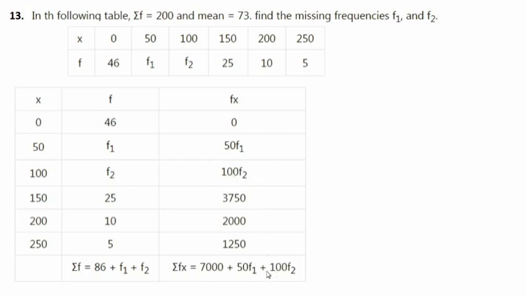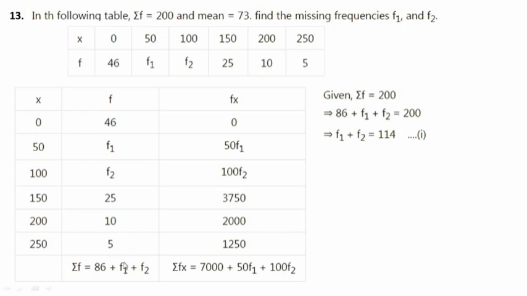So this will be summation fx, and this much will be your summation f. Given is summation f is 200, so in place of summation f I'll write 86 plus f1 plus f2, which is 200. Bring this 86 over there, and you get f1 plus f2 equals 114. Let me call this equation number 1.